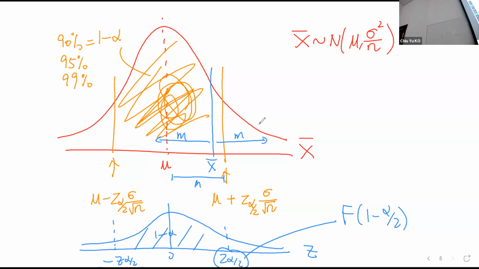If X bar is within this range and X bar extends the hand the same length, it will include mu, because if I touch you, then you touch me.